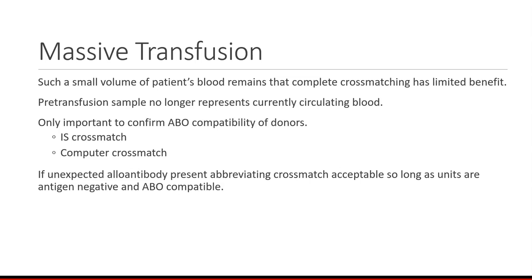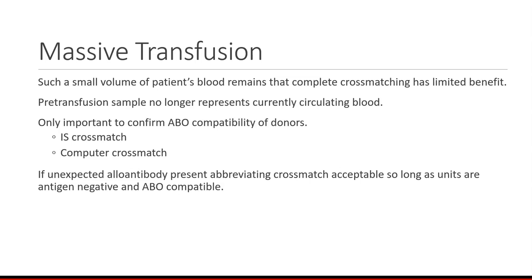So once the patient's massively transfused, it's only important to confirm ABO compatibility of donors. So you follow your protocol, serum plus donor cells, mix, spin, and no agglutination indicates ABO compatibility. If it was ABO incompatible, there would be 4+.